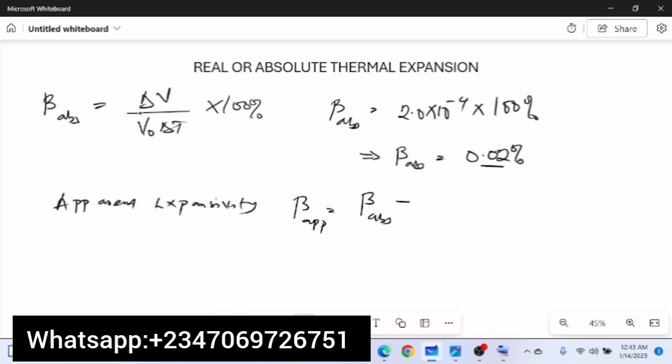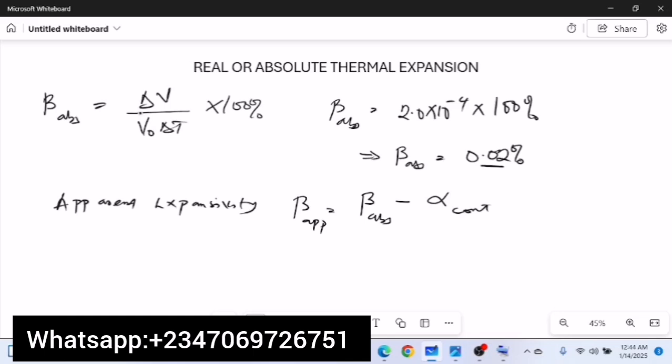And I said that the container expansivity is actually what? A linear expansion. So we call that alpha container, which is the linear expansivity of the container, right?